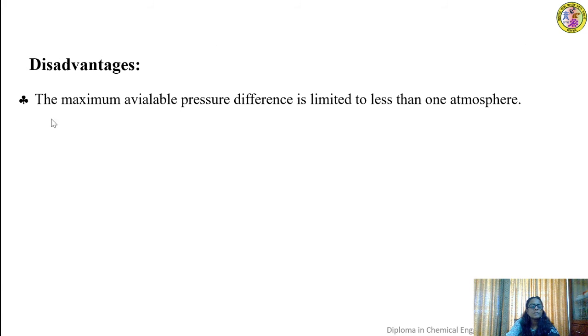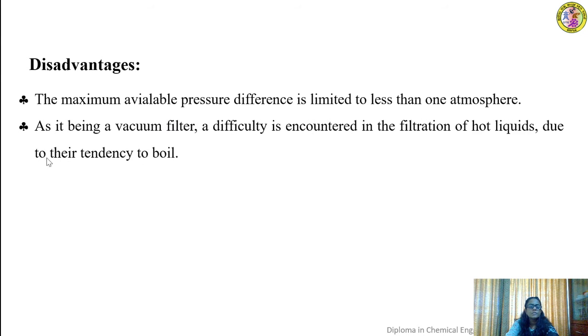Coming to disadvantages, the maximum available pressure difference is limited to less than atmospheric. As it is a vacuum filter, a difficulty is encountered in filtration of hot liquids due to their tendency to boil.